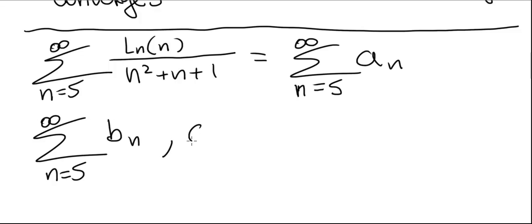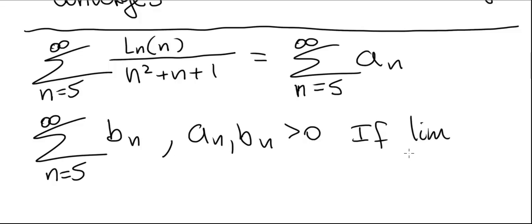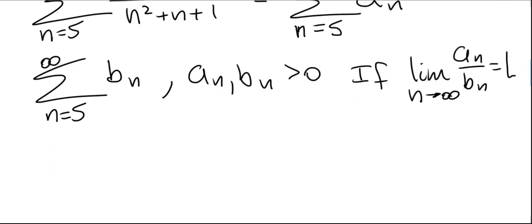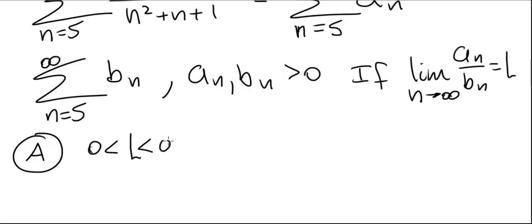And of course, a sub n and b sub n must be positive. If the limit as n approaches infinity of a sub n over b sub n is equal to L, then there are 3 possible cases of limit comparison test. Let's call this case A, L being positive and finite.